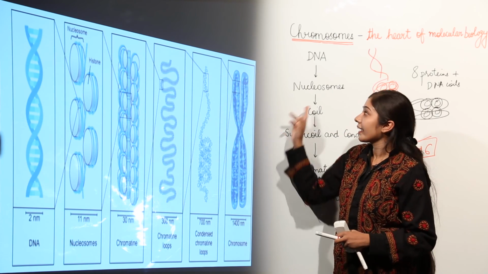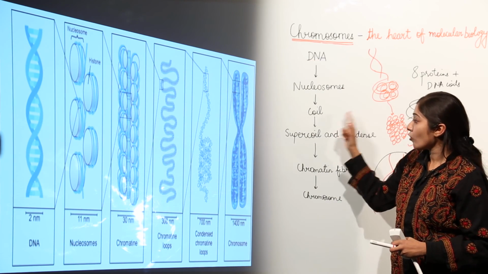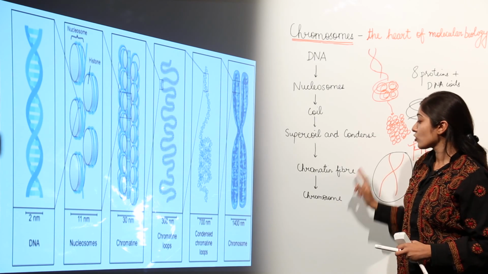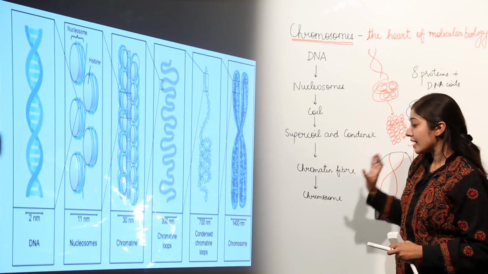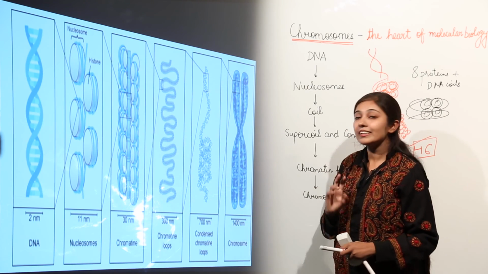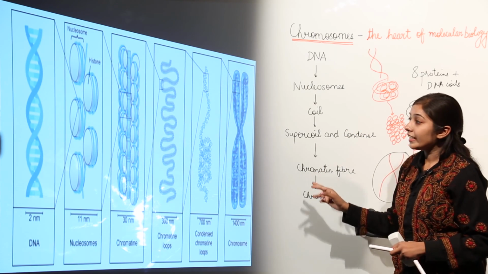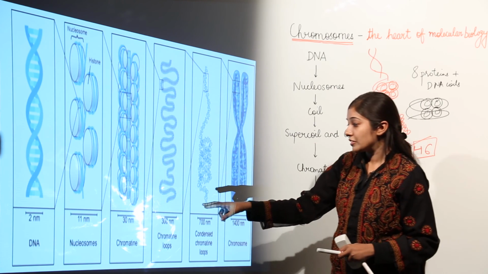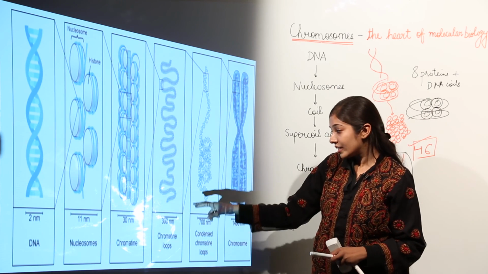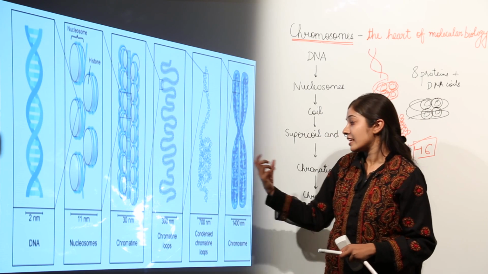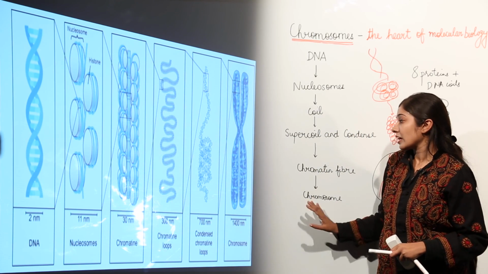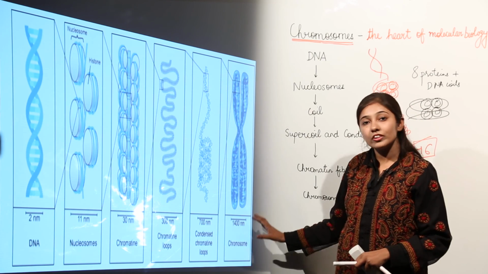So remember again, DNA, nucleosome, it coils, supercoils and condenses, it forms chromatin fibers, and then finally a structure called a chromosome is formed, which has a size of around 1400 nanometers. So it initially begins from 2 nanometers, forms nucleosomes at 11 nanometers, chromatin at 30 nanometers, then 300, then 700, then finally the chromosome structure has a size of around 1400 nanometers.